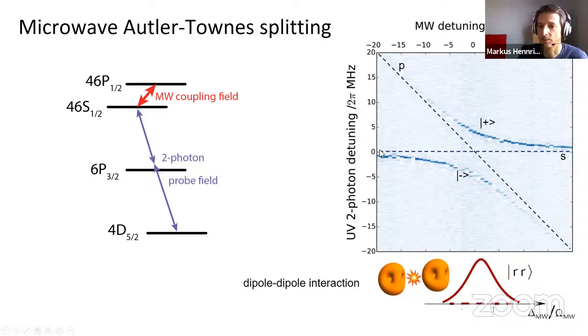If you're exciting into the equally coupled levels, you also only couple to the S level with your two-photon transition. But since the dressed level also has half P component, you can also excite that.